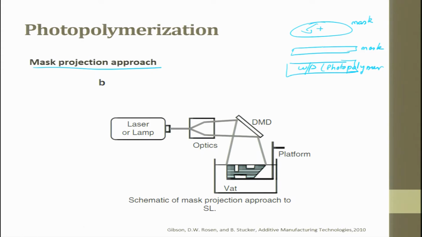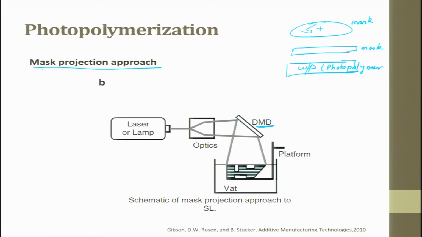But due to recent developments in electronics, we have DMDs. In DMDs, you have small mirrors which are placed at the galvo. The laser light passes through the optics and gets exposed, and this DMD will expose the complete layer as though there is a mask on top of it, on the photopolymer thin film or the liquid, and it cures it.